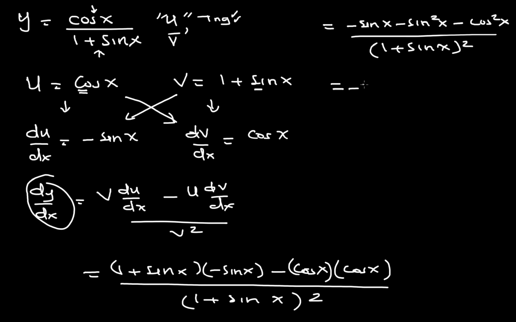We keep sine x like that, but we can factorize negative sign here. Then we're going to have sine squared x plus cos squared x. And then at the bottom, we see that this is 1 plus sine x, like that.